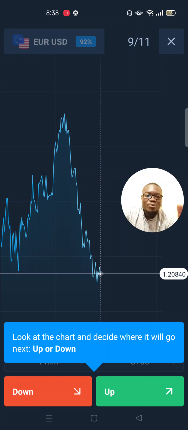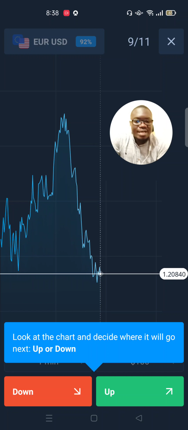So we've talked about making forecasts. We said you can make a forecast that goes up, or you can make a forecast that goes down. If you make a forecast that goes up, it means you're saying that after the duration that you set, which for this chart is 1 minute, the asset will still continue to move up.